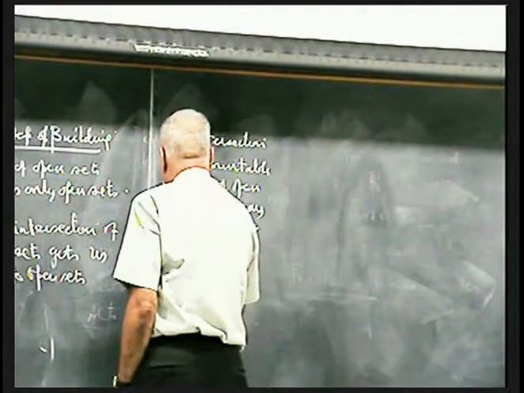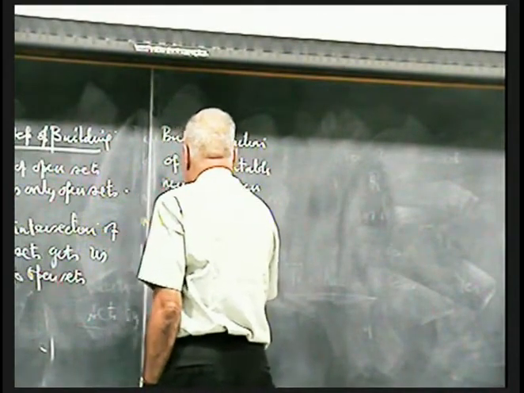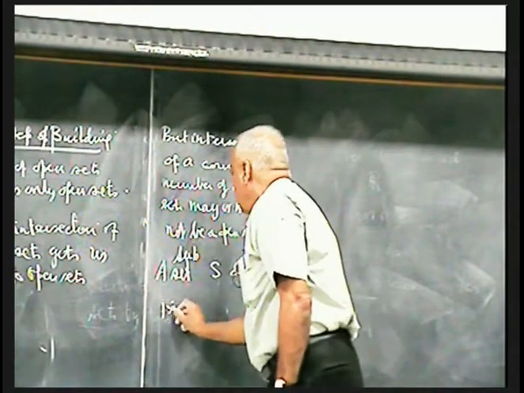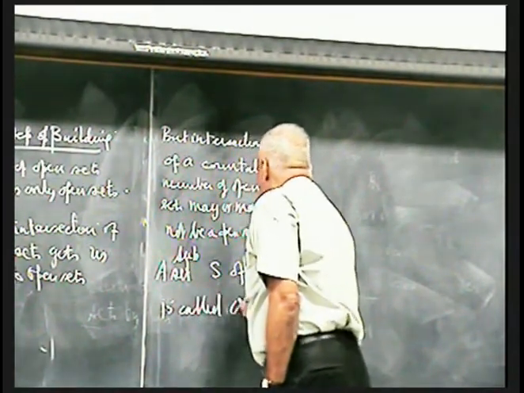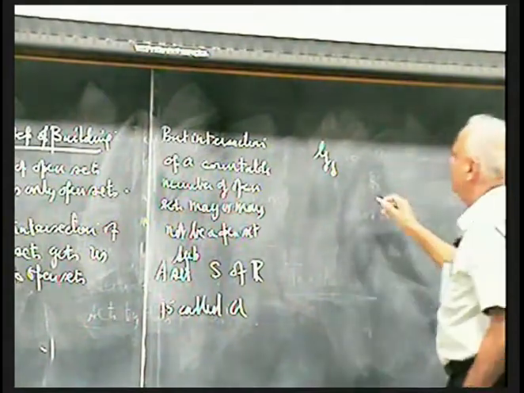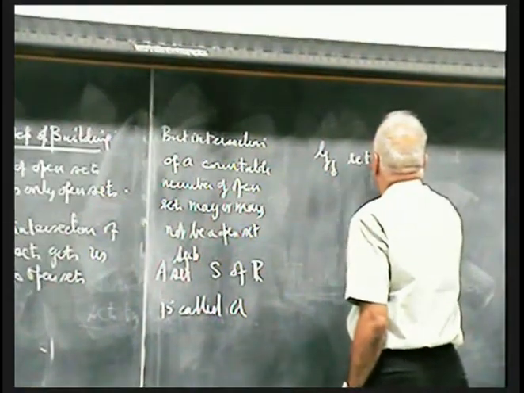A set, a subset S of R, is called a G delta set if... Now the G is for open, as I said, the first letter of the German word for open, and the symbol delta is used for intersections and the symbol sigma is always used for unions.